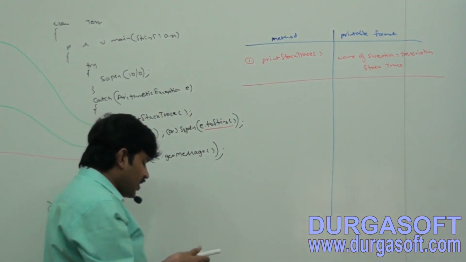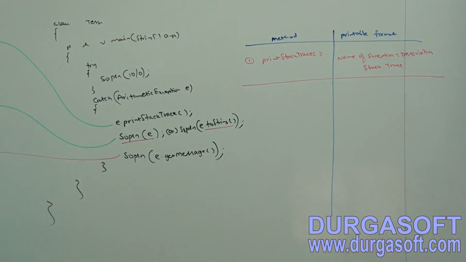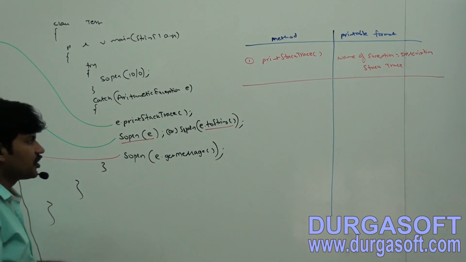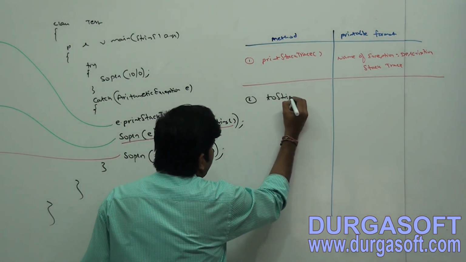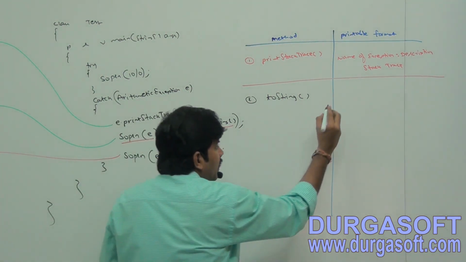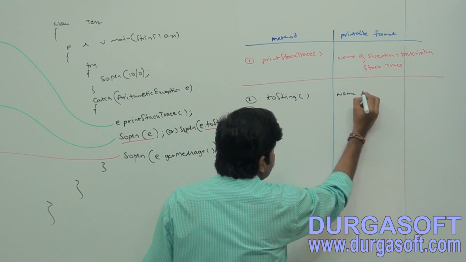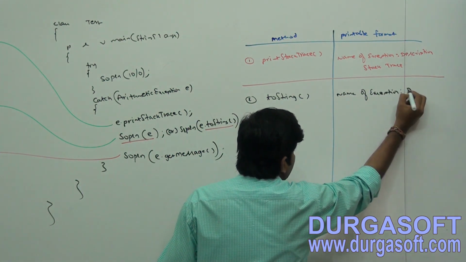What is the second method we have? The toString method. Can you tell in toString what is the format? Name of exception colon description.